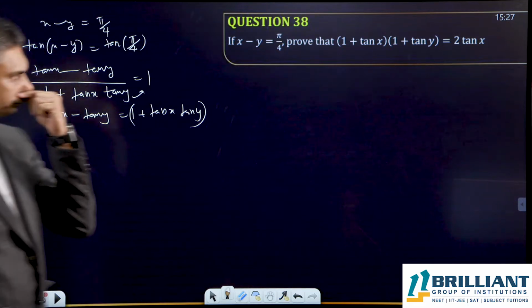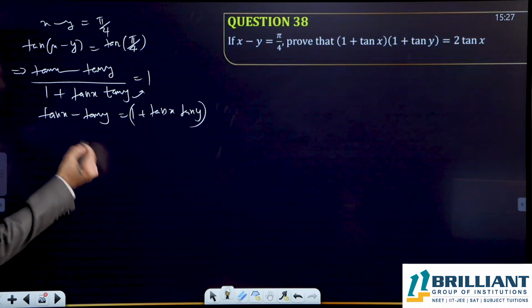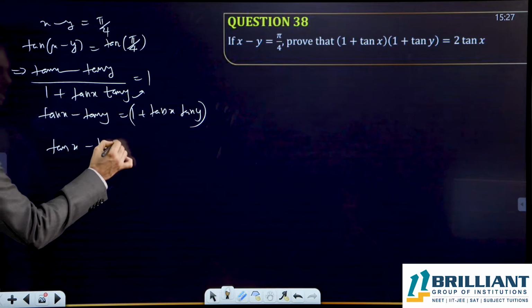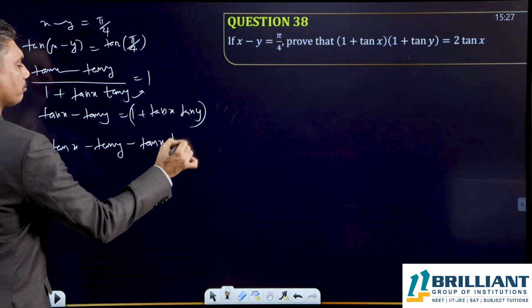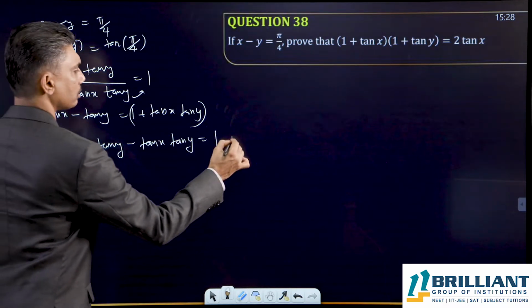Now you can bring that one to the left side: tan x minus tan y minus tan x tan y equal to 1. This is number 1.